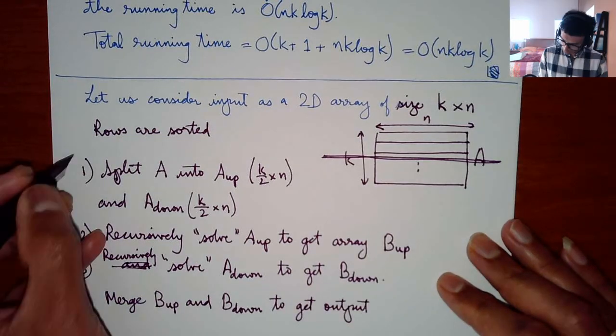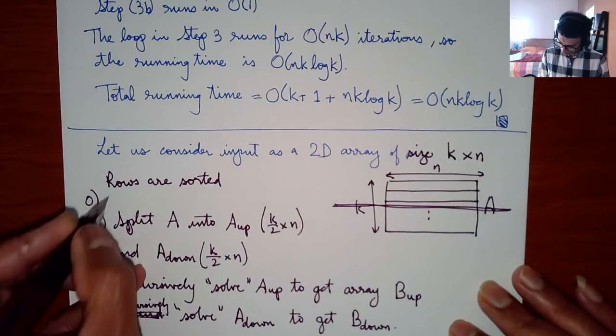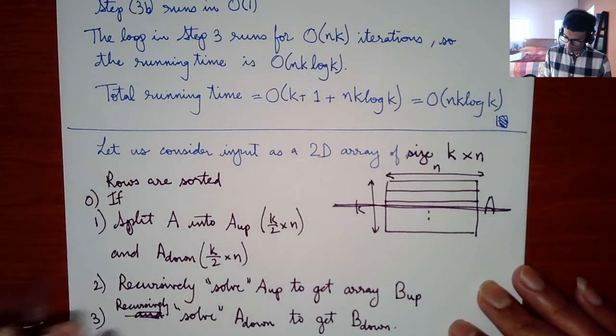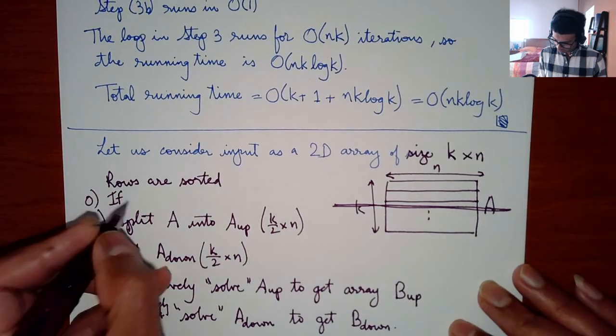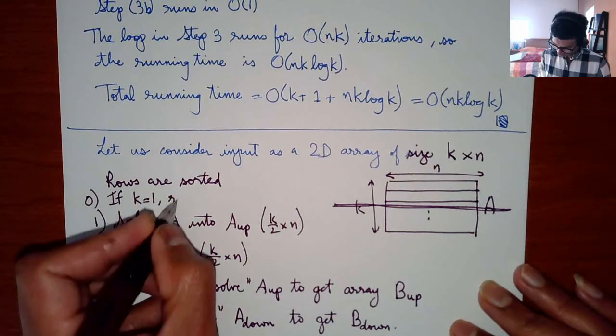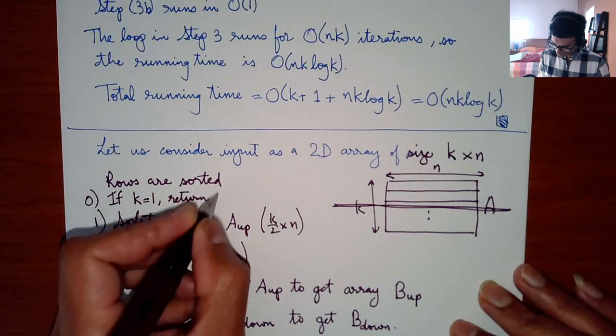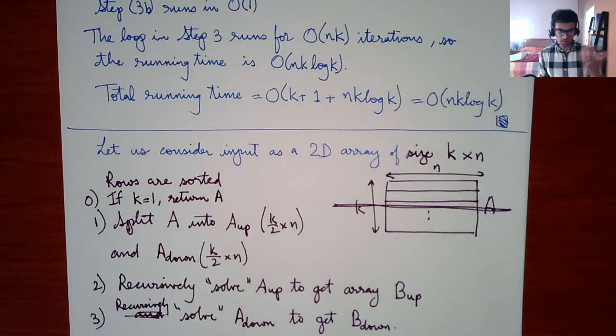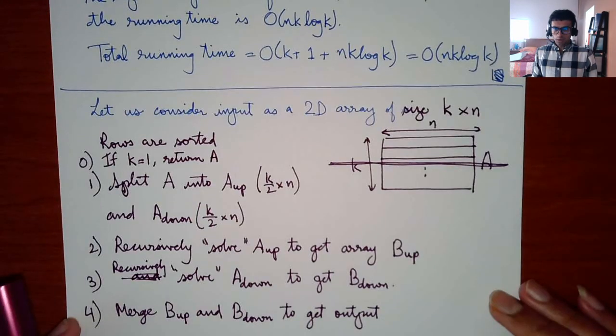The base case: if k is equal to 1, just return A. If you have only one array, just return it. Any questions about this?